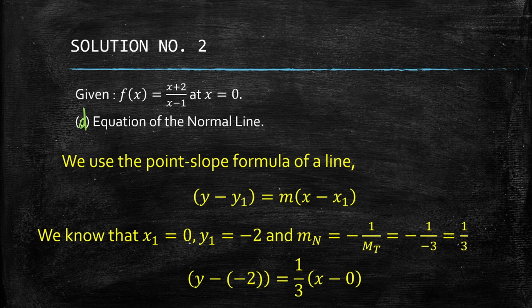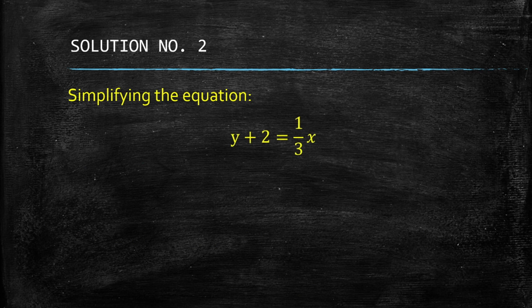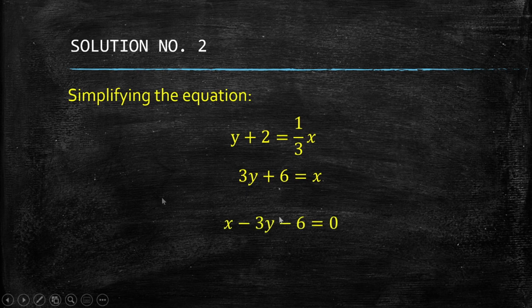We substitute the values of x sub 1 and y sub 1, and we have this. Simplify the equation. We have y plus 2 equals 1/3 x. We multiply 3 to both sides, so we have 3y plus 6 equals x. And instead of using the property in such a way that this becomes negative x, I go with the other way.